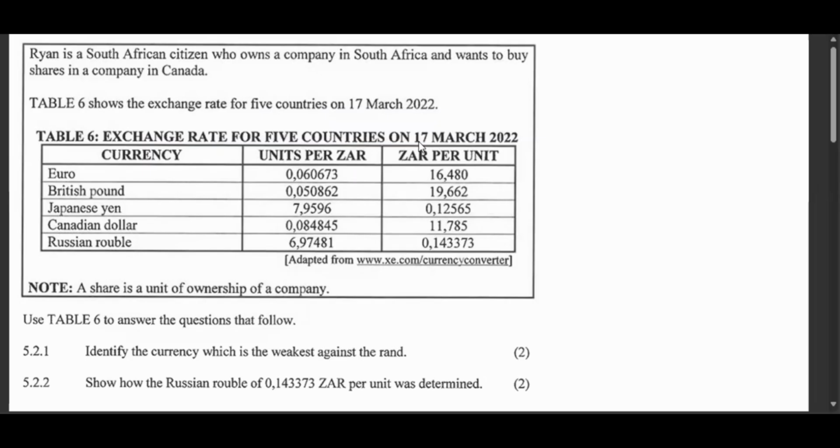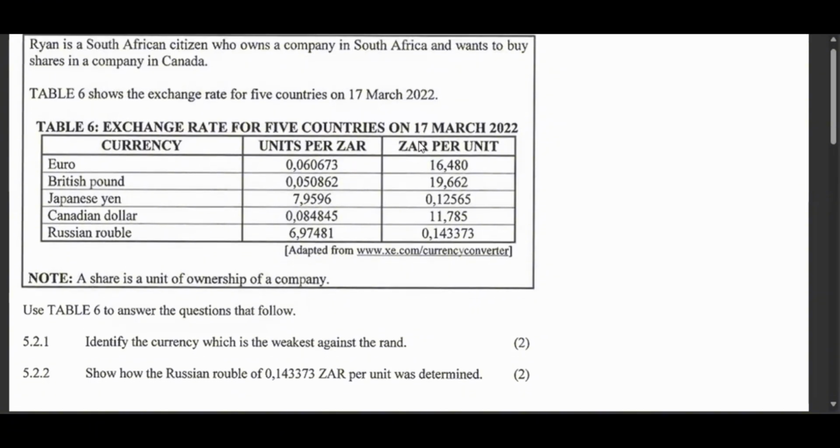Yes, we look at this part of the exchange rate. These are the currencies, and on this other side we have the different currencies versus the South African rand. So this amount here is units per rand. Units per rand means for every 1 unit of rand you get this.